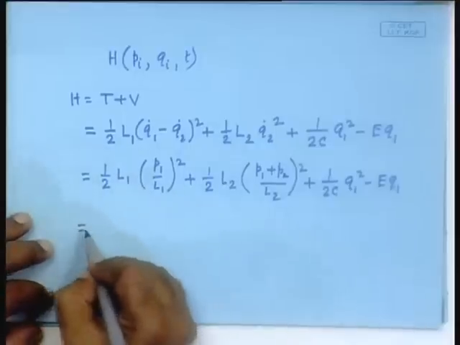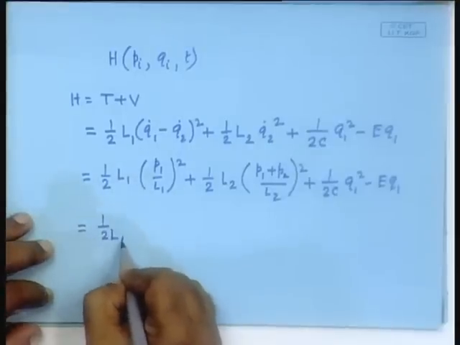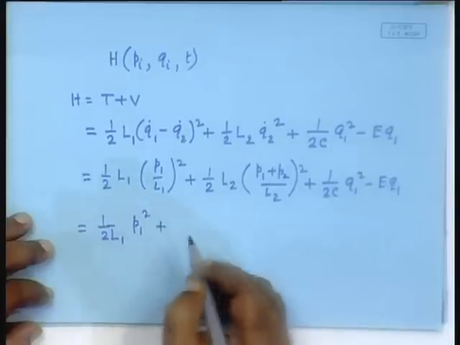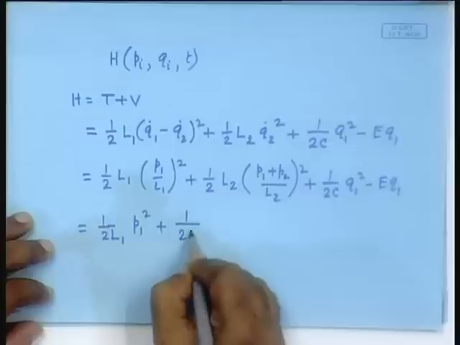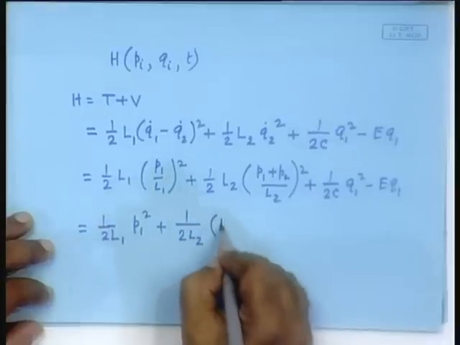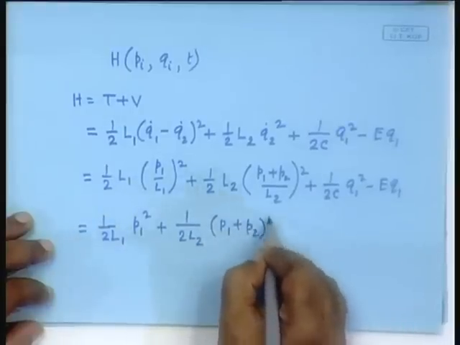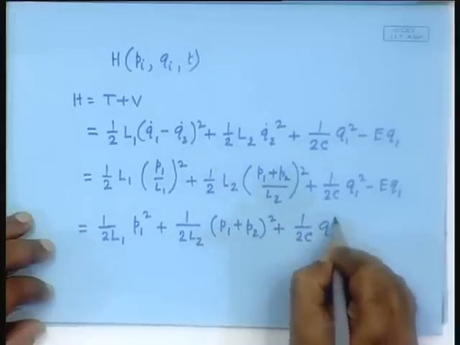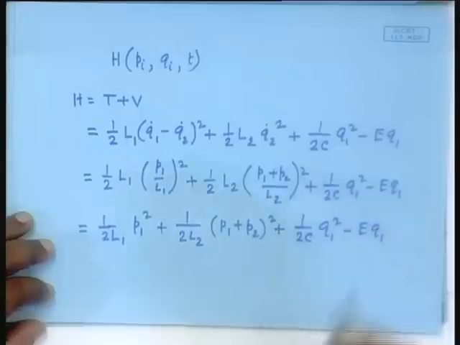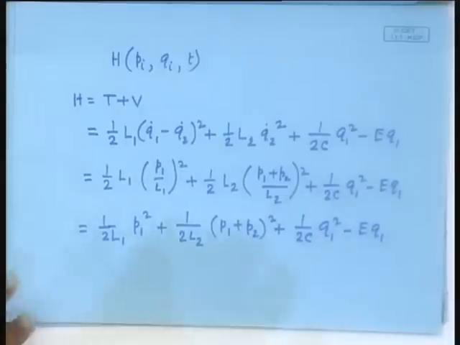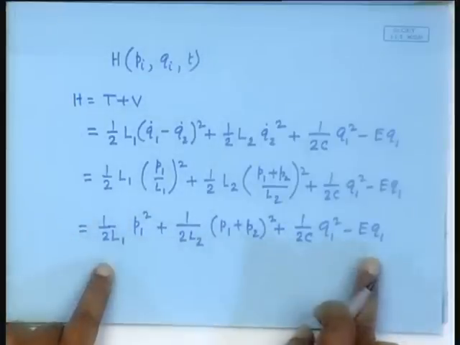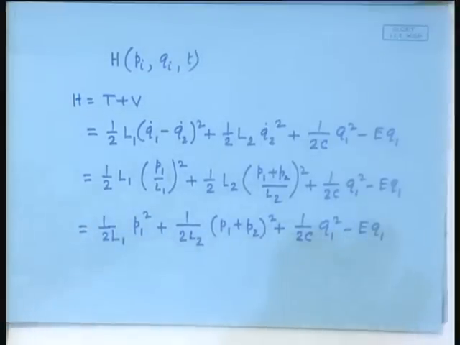We are done. We will just simplify it to 1 by twice L1 P1 square plus 1 by twice L2 (P1 plus P2) square plus 1 by twice C Q1 square minus E Q1. So, that is how we have derived H in terms of the Ps and Qs. Happy? The rest is algorithmic.